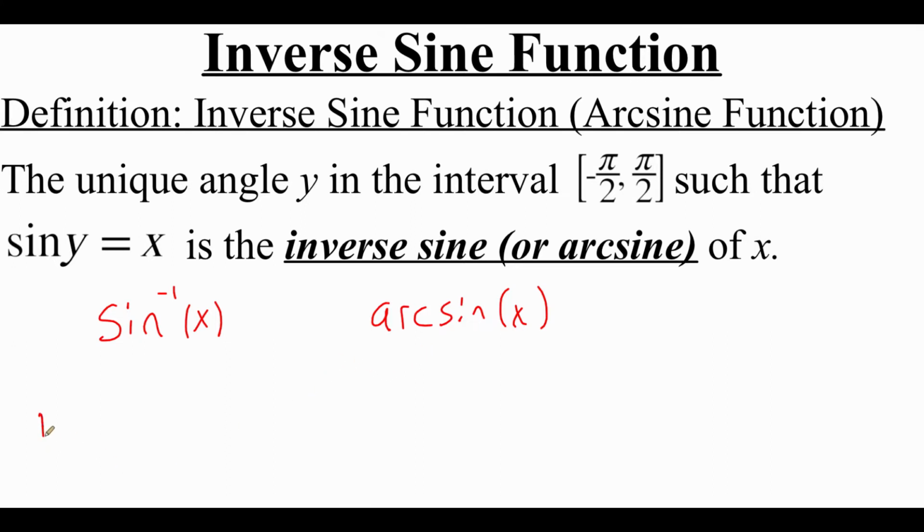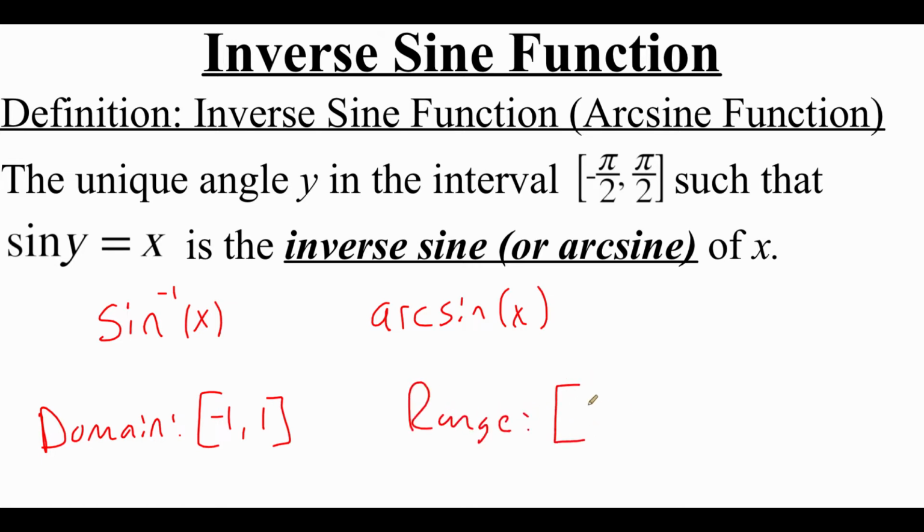As we're talking about the domain of an inverse sine, the domain is the values from negative 1 up to positive 1, and our range will be an angle somewhere between negative pi over 2 and positive pi over 2. Now, as we're thinking about these inverse sines or arc sines using our unit circle, if we're starting at 0, the angle pi over 2 would move us up to the positive y-axis.